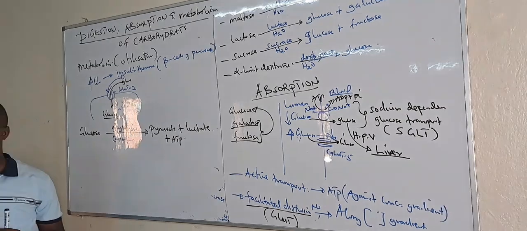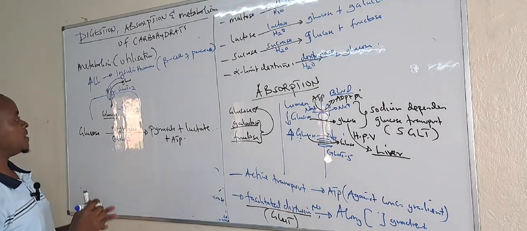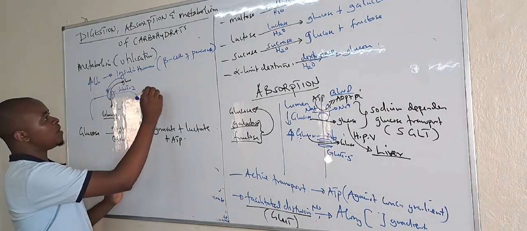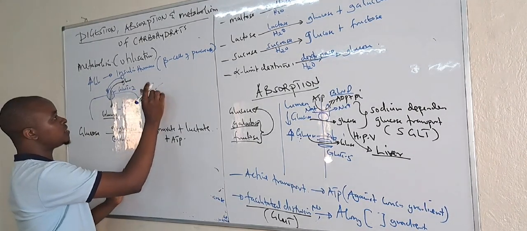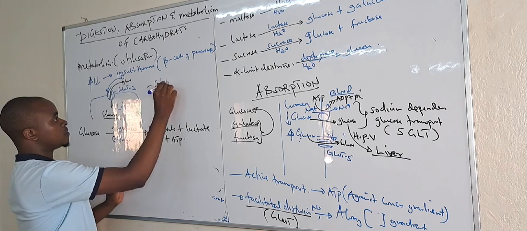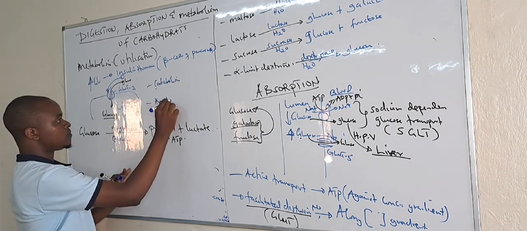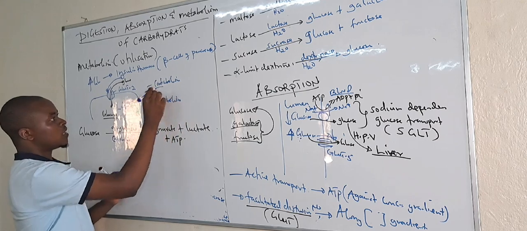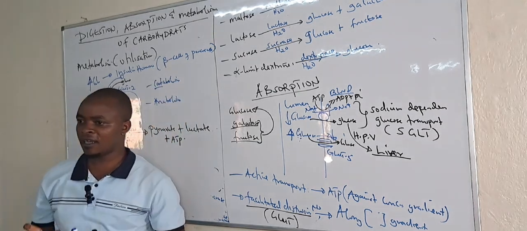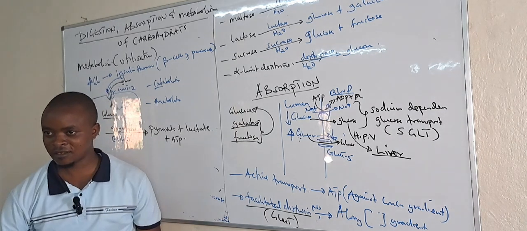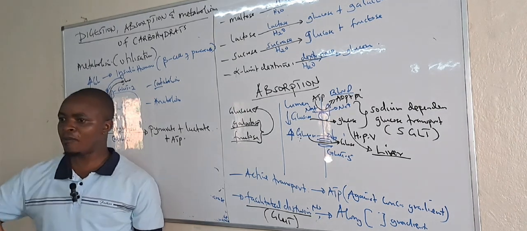Why are we calling it a catabolic reaction? In the body, we have two types of metabolism: catabolism and anabolism. Kata is a Greek word which means splitting, or breaking down.